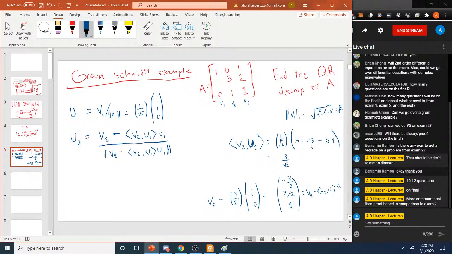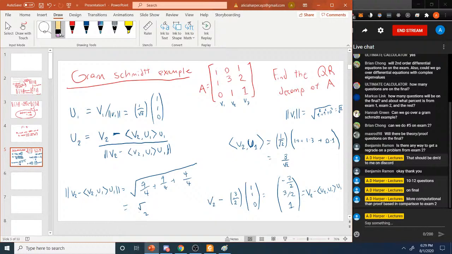So now I have to compute its magnitude. So the magnitude of V2 minus the inner product of V2 with U1 times U1 is going to be, let's see, the square root of 9 over 4 plus 9 over 4 plus 4 over 4, all of which simplifies to the square root of 22 over 2.